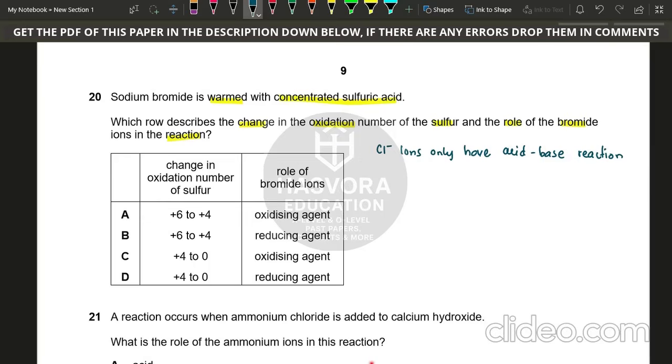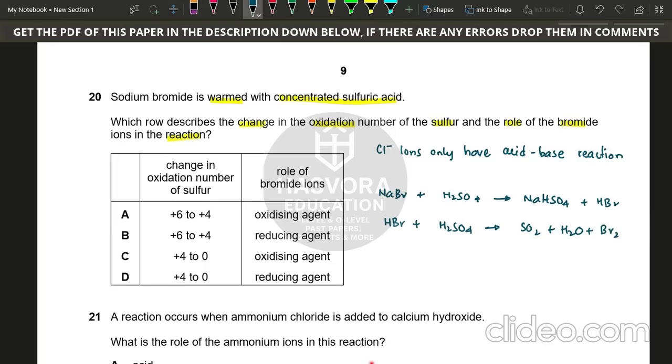So what actually happens is that first of all the NaBr, because we are looking into bromide ions here, reacts with H2SO4, and this forms NaHSO4 plus HBr, and then this HBr further reacts with H2SO4 to form SO2 plus H2O plus Br2.